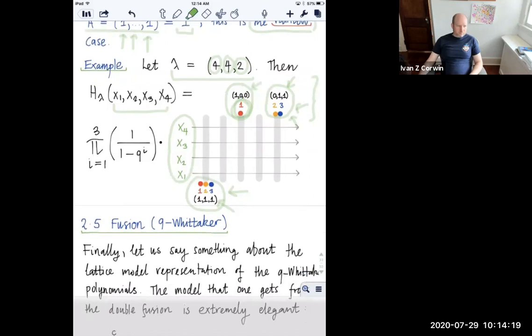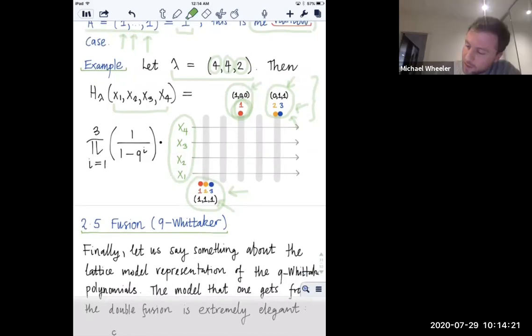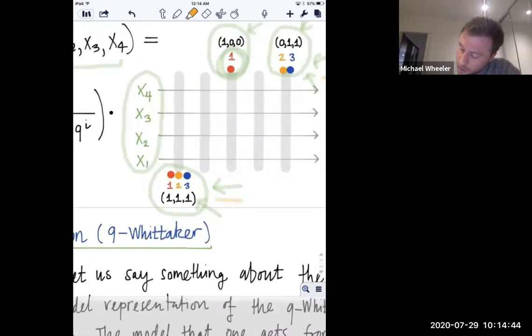The answer is that there is another version of color blindness where, instead of summing over the particles at the top, you sum over the incoming particles. You symmetrize over the colors that enter the lattice, and that also gives you a colorblind object. Here, all of the particles enter via the same column, the 0th column.